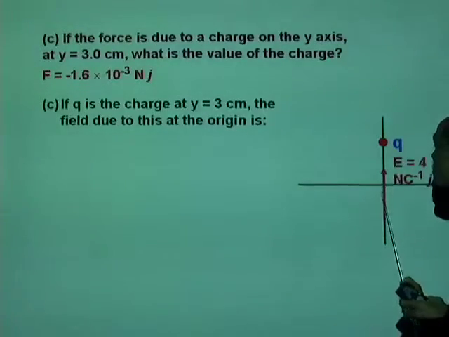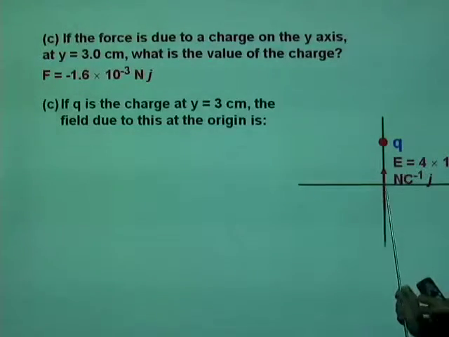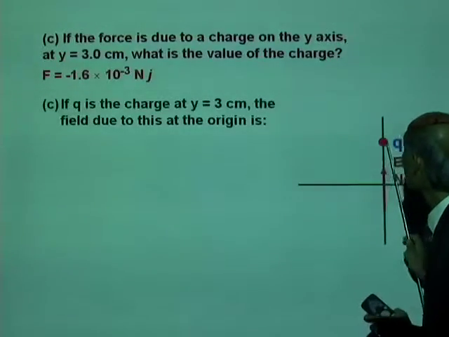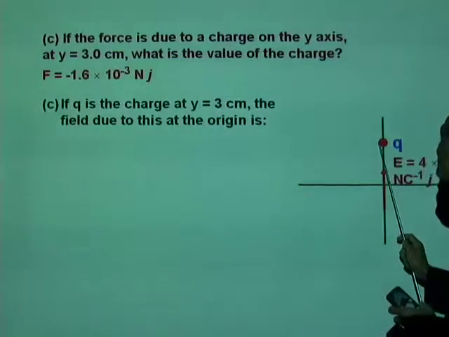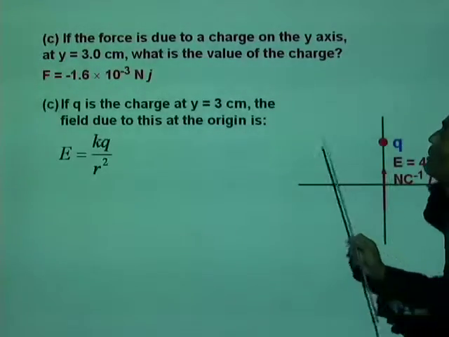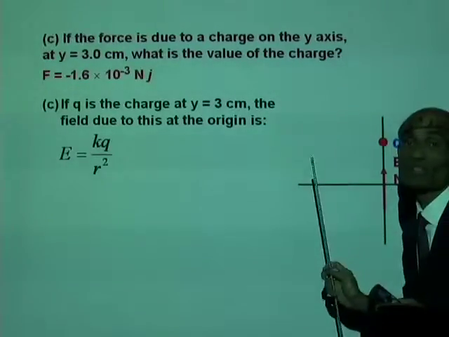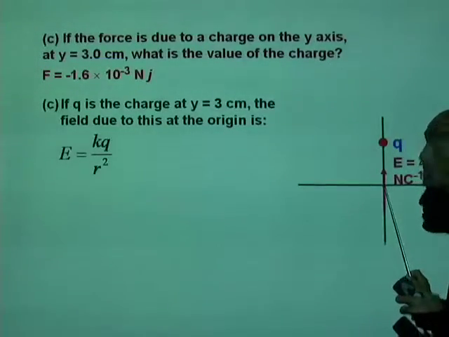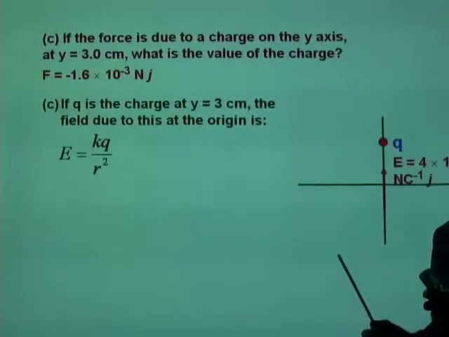That's right. You see that original electric field of E equal to 4 times 10 to the 5 in the positive y direction. We are now told that it is caused by a charge Q placed at y equal to 3. Now, we need to find the value of that charge. In other words, what electric charge placed at y equal to 3 produces at the origin an electric field E equal to 4 times 10 to the 5 Newton per Coulomb?